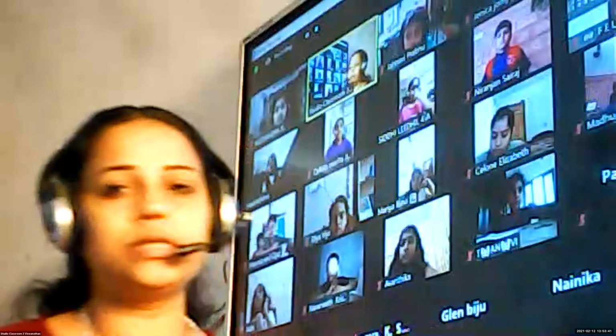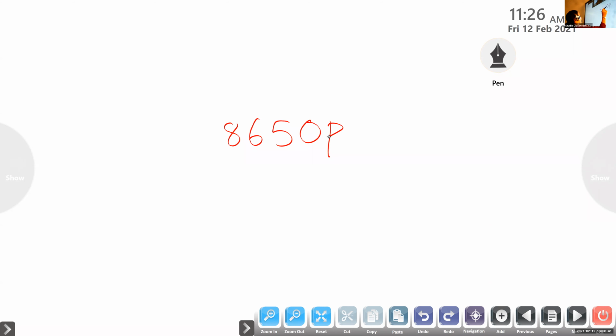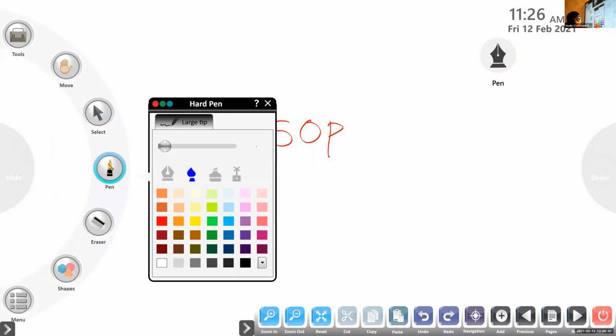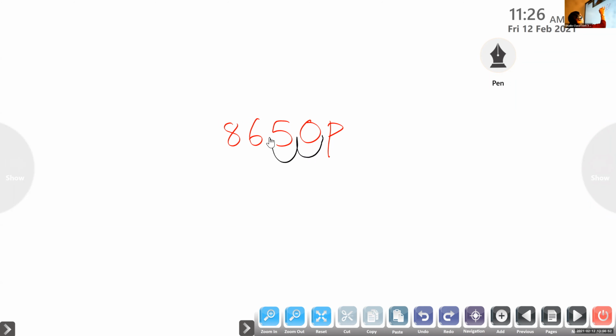So look here again, I will show you with another example. I have 8650 paise. I want to convert into rupees. So what do I have to do? Just divide by 100, which means how many places should I move the decimal? 1, 2. Put a decimal point.